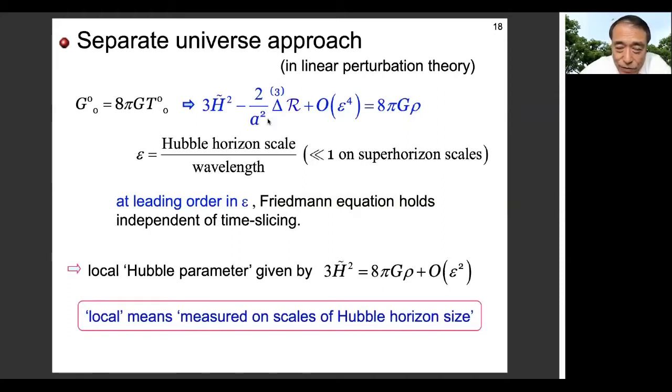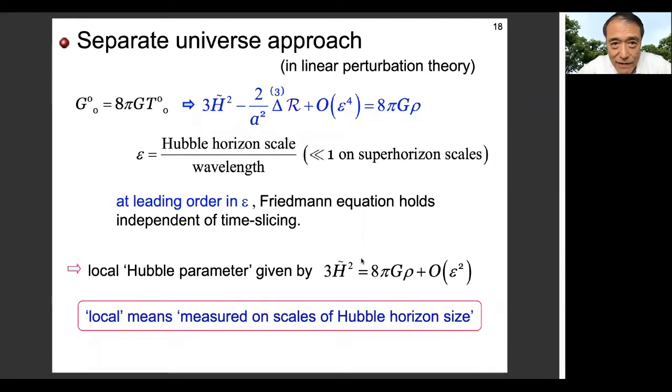So if you go to the early universe, then any sensible theory of initial conditions can give a very, very tiny, infinitesimally small initial condition for this. So at early times in the universe, epsilon square is already very, very small. This term is very, very small. So if you ignore that term, then 3H squared equals 8πGρ. This is the Friedmann equation.